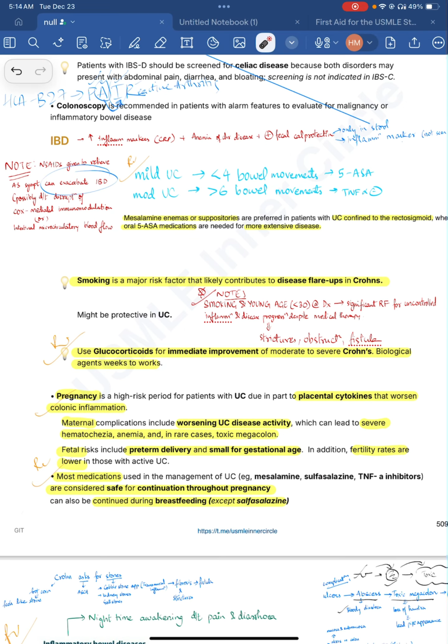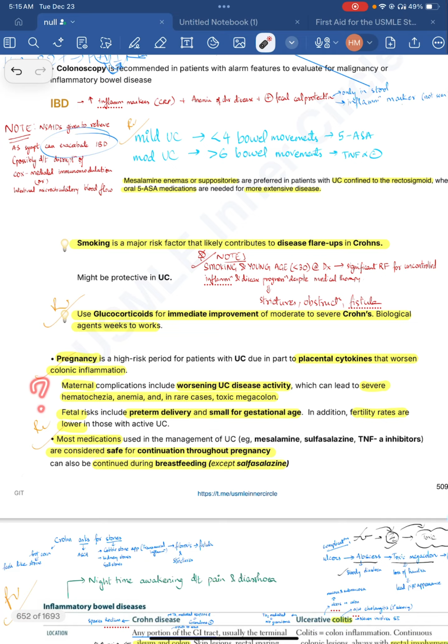And as I had just mentioned, pregnancy is a vulnerable period for females. All kinds of dormant or existing conditions flare up. Pregnancy is a high risk period for patients with ulcerative colitis due in part to placental cytokines that worsen colonic inflammation. What this sentence is trying to say is placental cytokines worsen the colonic inflammation in pregnancy.